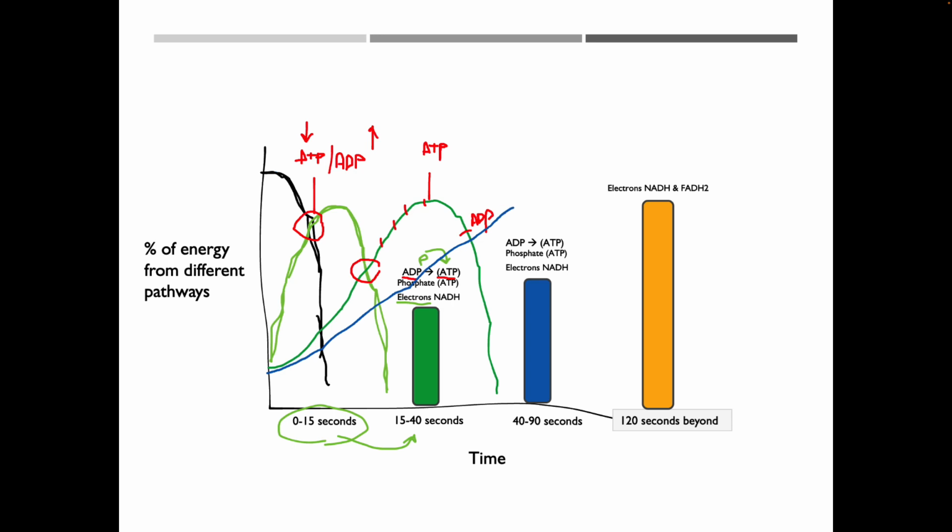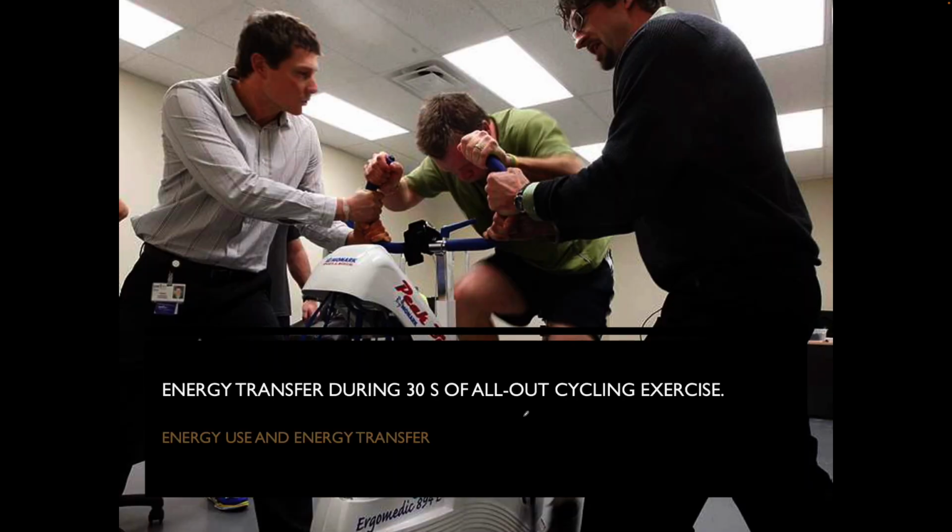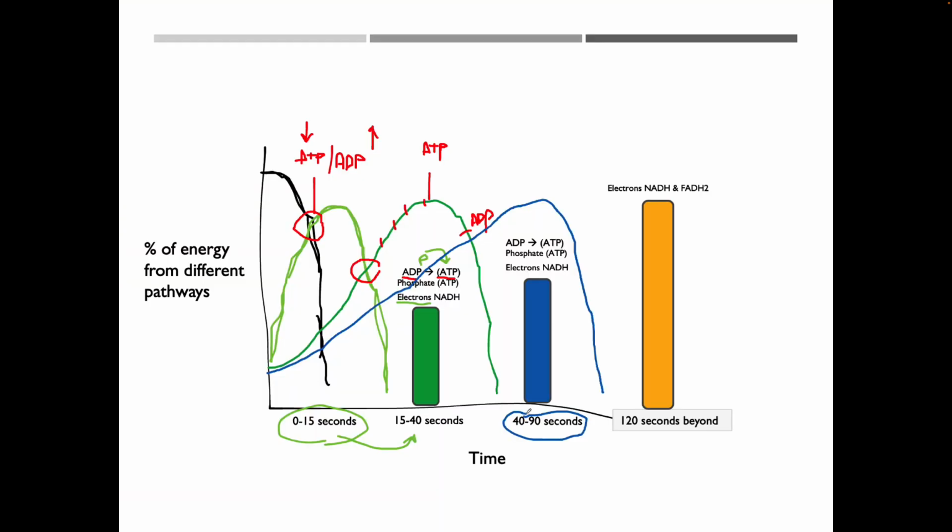And that's going to begin to drop, okay? So if we continue to exercise from 40 to 90 seconds, and there are athletes that perform in that area, they're going to shift from ATP-PC to anaerobic glycolysis and then into aerobic glycolysis, right?